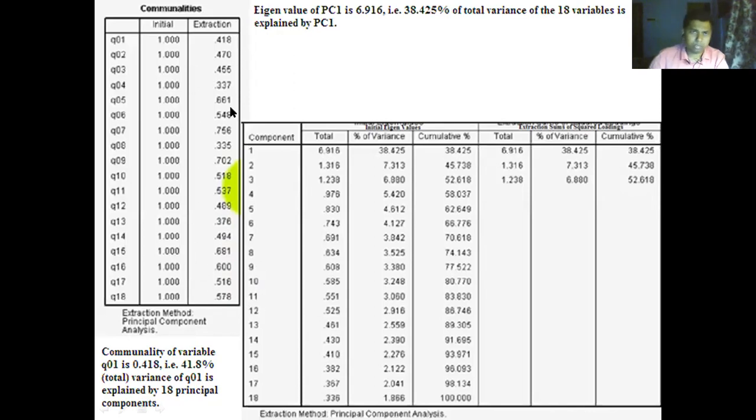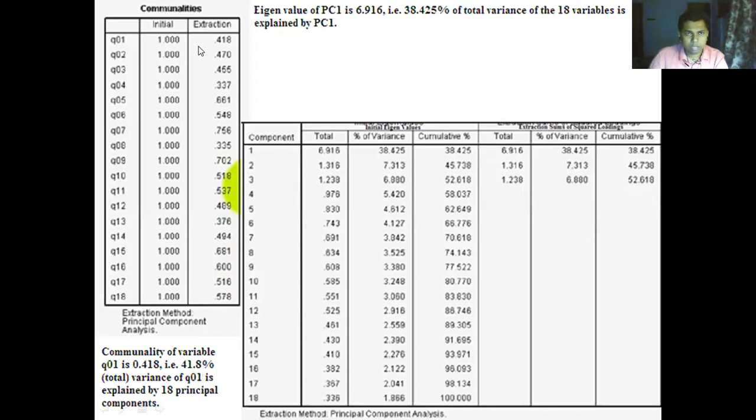If some value is less than 0.3, then usually that variable is deleted. So what does extraction mean? The extraction for the first variable is 0.418. So the communality of variable q01, the first variable, is 0.418.